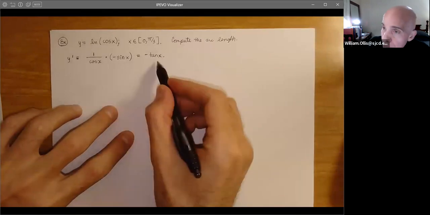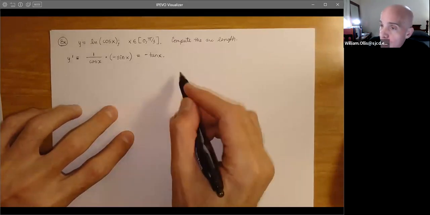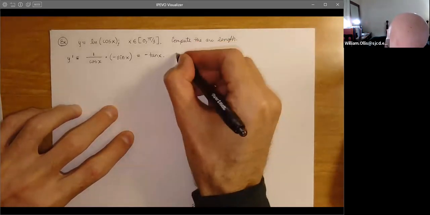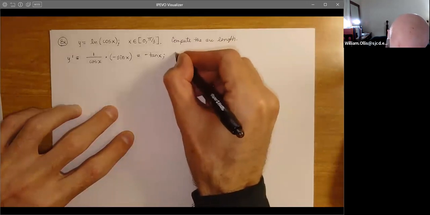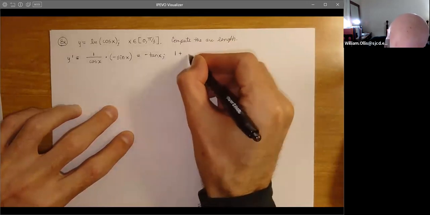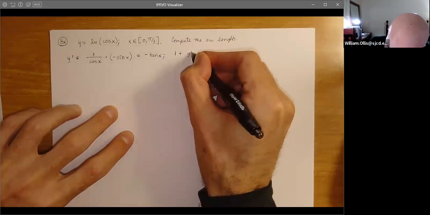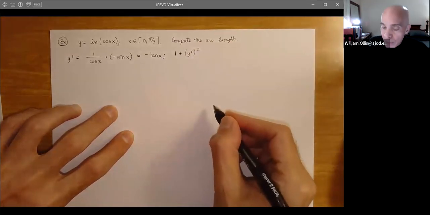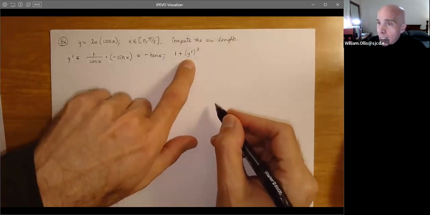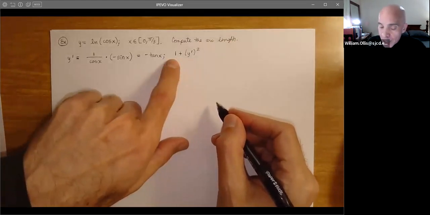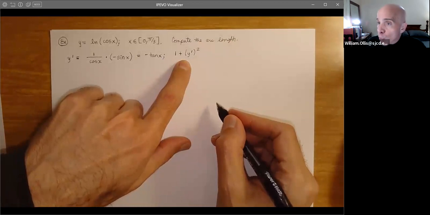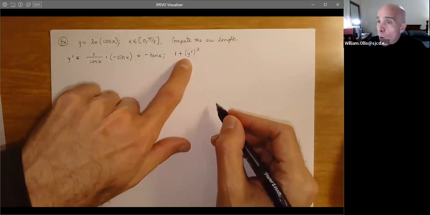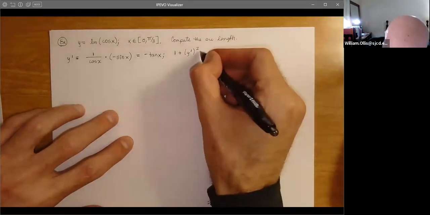Now, remember the formula says that we need 1 plus y prime squared. And this is where it's nice to use the prime notation and not worry about the independent variable. It's a little bit easier to write. So this is like the 1 plus f prime squared. So we do 1 plus y prime squared.